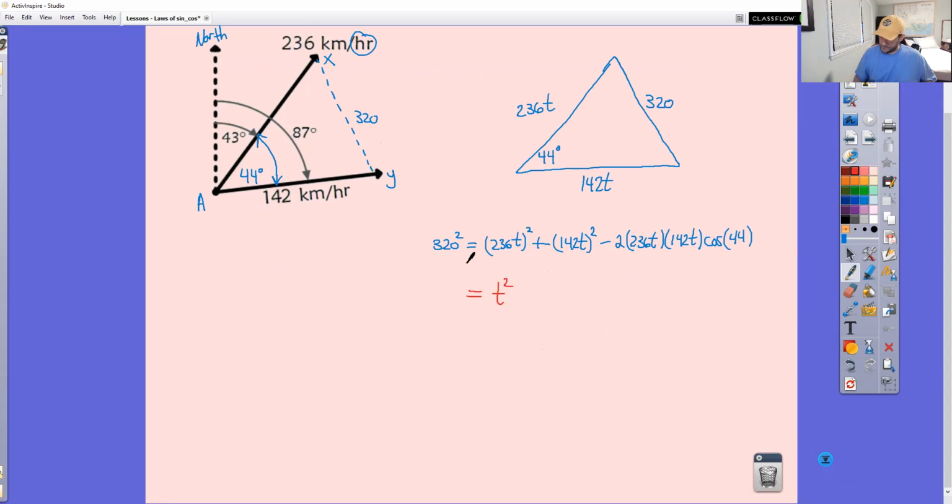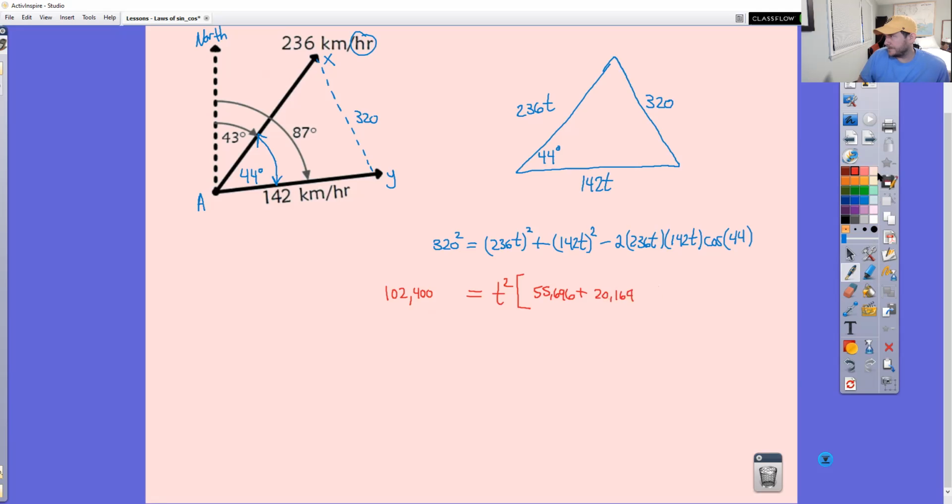And then you can do the 320 squared. Oh, these numbers are just so big all the time. 320 squared is 102,400. If I factor out that t squared, then now I just have to do the 236 squared, so 55,696, plus 142 squared, 20,164.